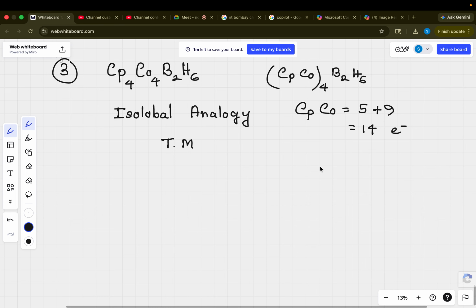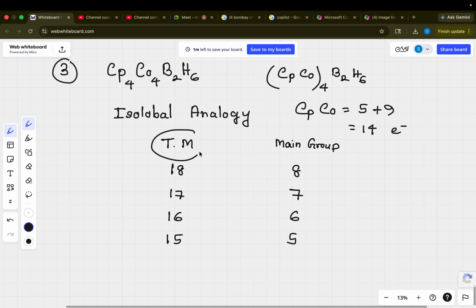Now keep in mind, for isolobal analogy, if you are getting 18 electrons, for a main group element it will be equivalent to 8. If you have 17 electrons from the transition metal, for main group it will be 7. If you are getting 16, it will be 6. If 15, it will be 5. Why are you getting 10 electrons less here?